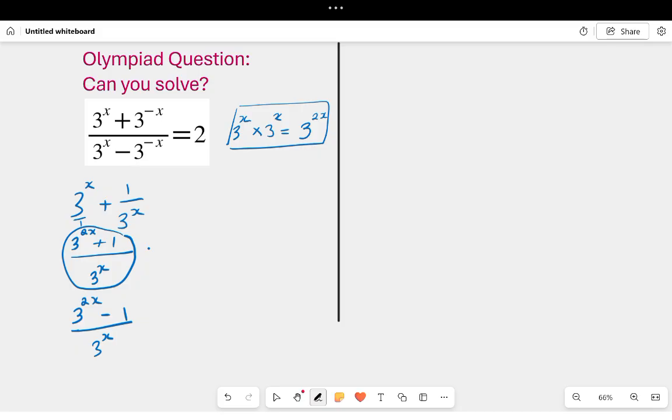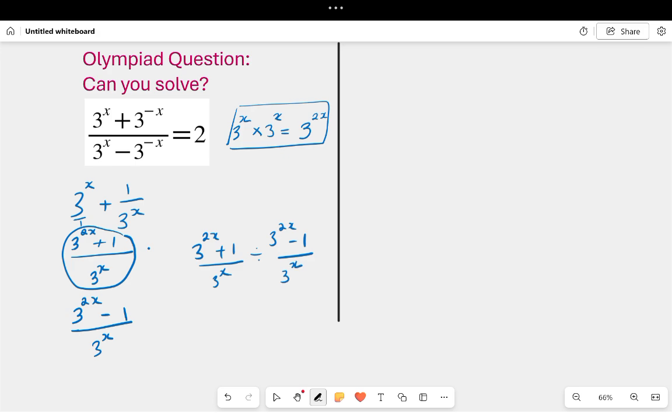Our next step, therefore, we are going to just divide the numerator by the denominator. That is 3 to power 2x plus 1 over 3 to power x divided by 3 to power 2x minus 1 over 3 to power x.